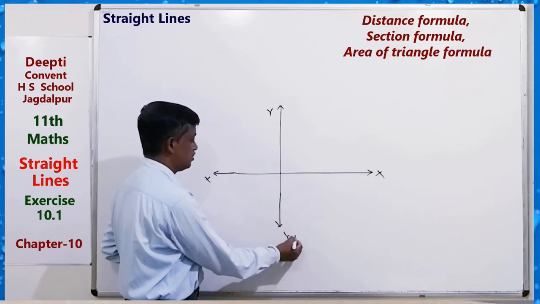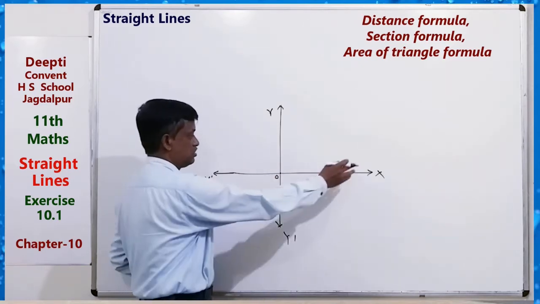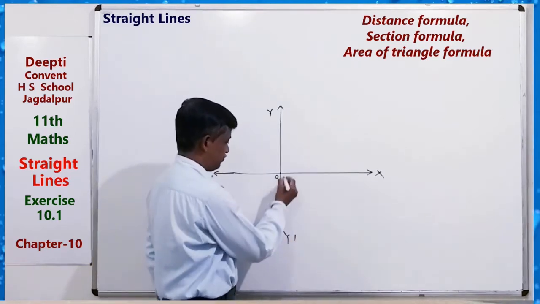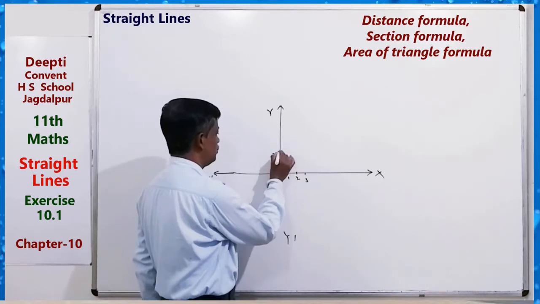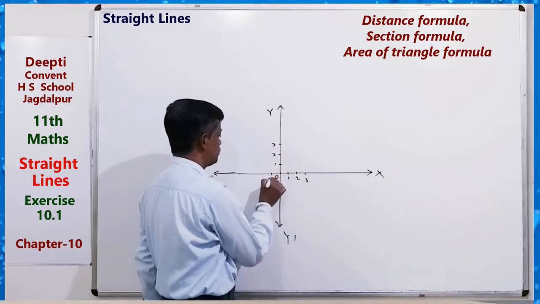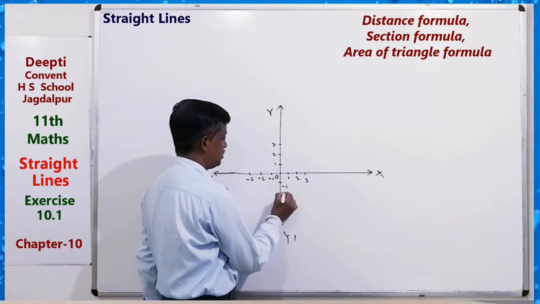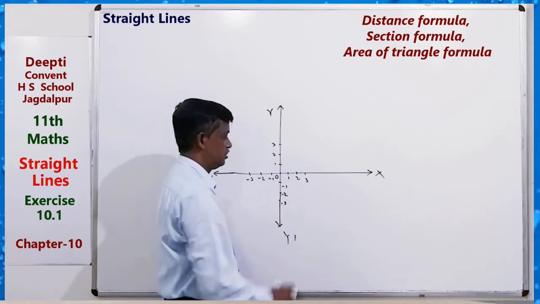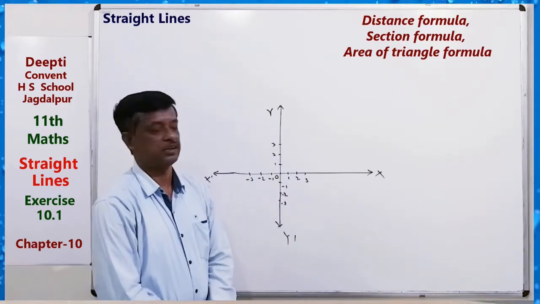Positive values are here: 1, 2, 3 and so on. Negative values are there: -1, -2, -3 and so on. This is the frame, the two-dimensional plane, the xy plane.